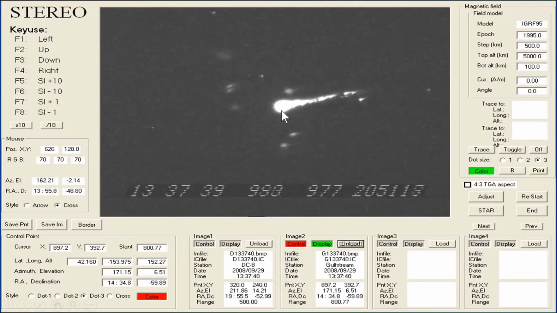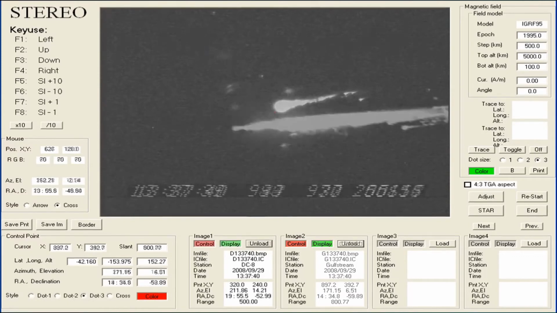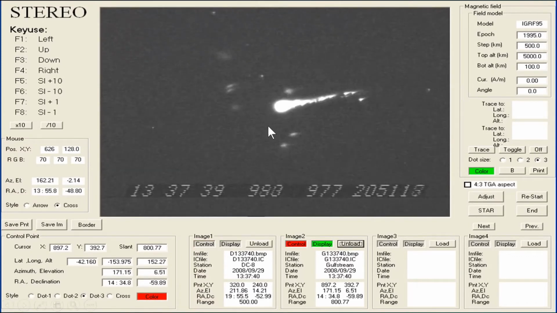So we've brought in now the two sites, this being the one, and then this being the second site, and now we can pick up objects that we can identify clearly, or we think we can identify clearly from both of the images, and then we can run through and do the triangulation. And all the mathematics for doing that is embedded within this software.